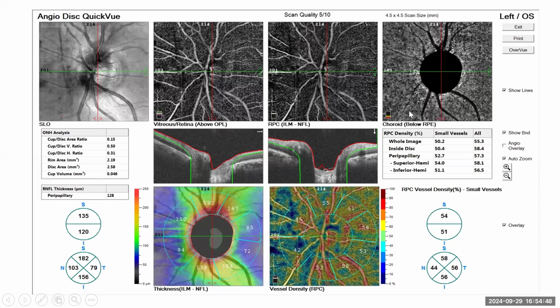So on this other end, we now have the summary. RPC density, whole image 50.2, inside disc 50.4, peripapillary 52.7, divided into superior hemisphere 54.0, inferior 51.0. Down to the map, we'll see this.